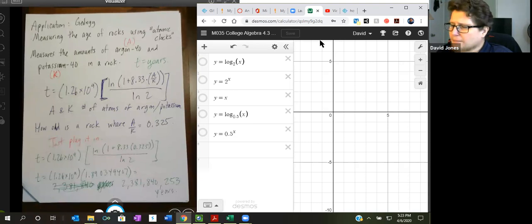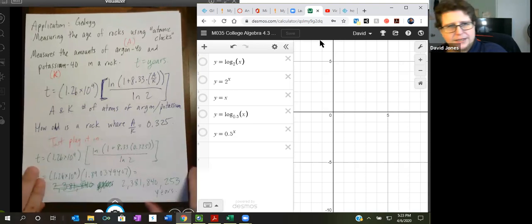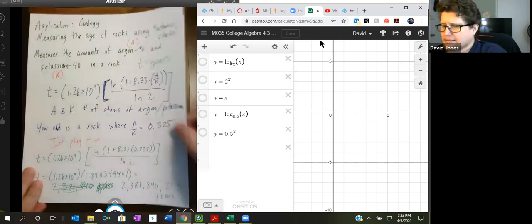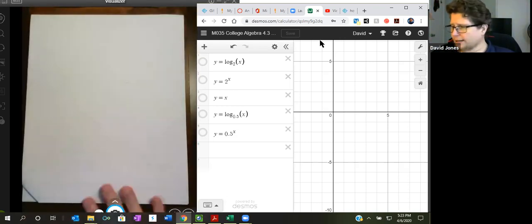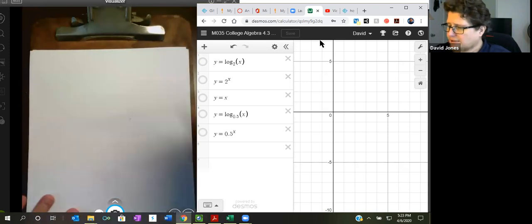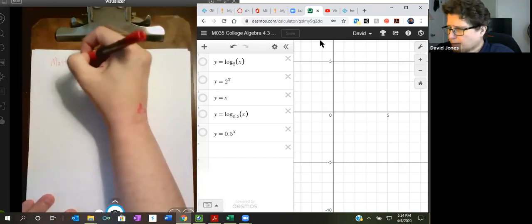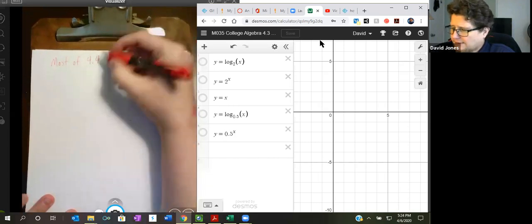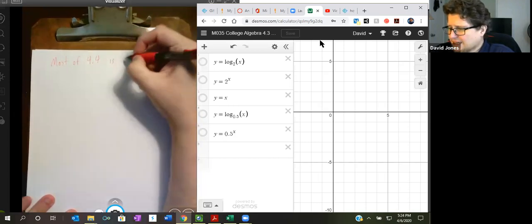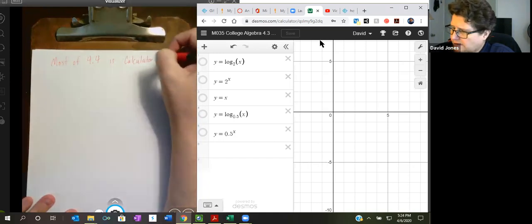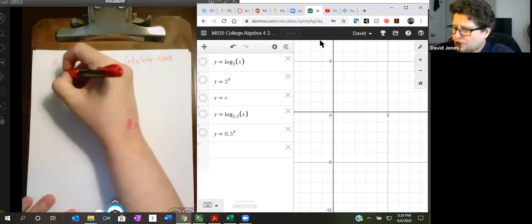So they'll give you problems like this. This is 4.4. I will point out most of 4.4 is calculator work and change of base.